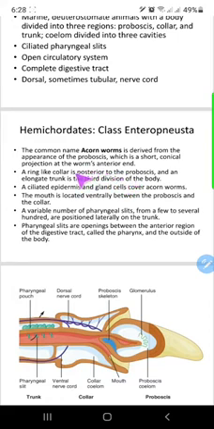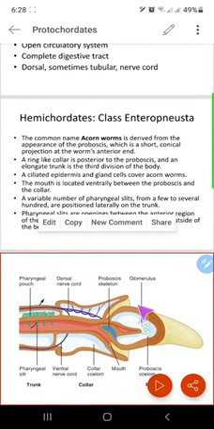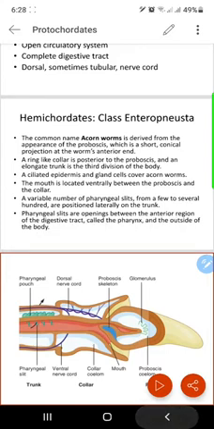The structure is very small. A ring-like collar is posterior to the proboscis. You can see the ring-like collar. This is the cross section of the animal, and this is the collar.